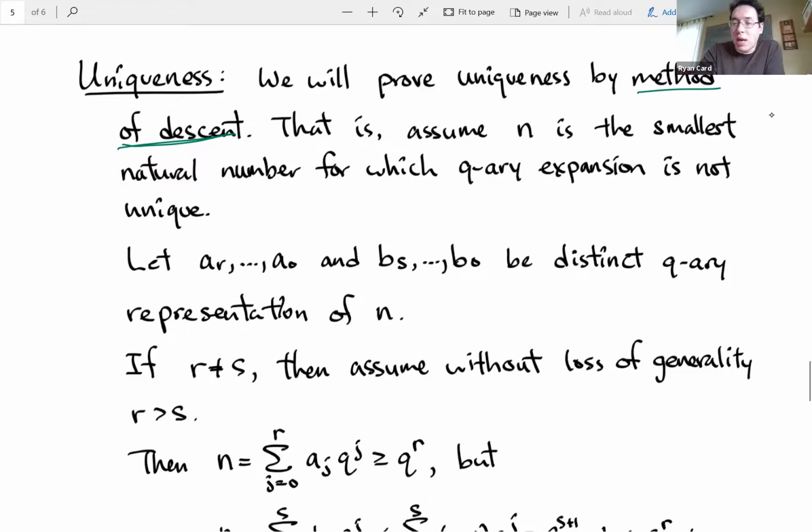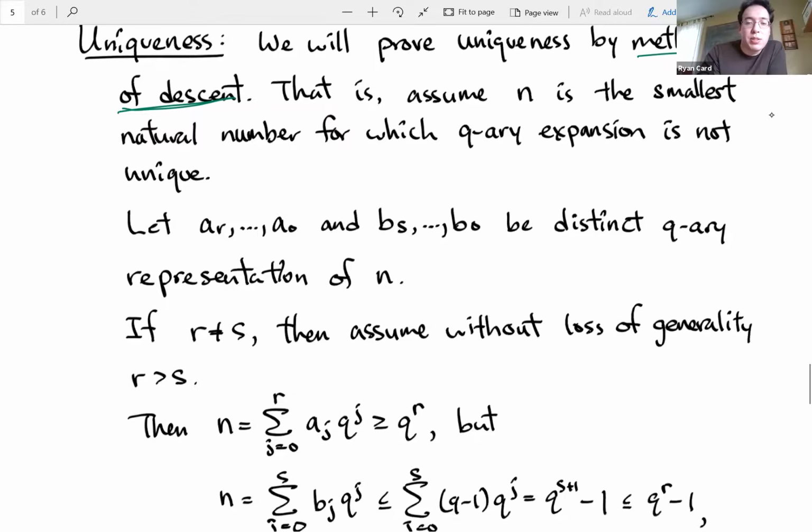Maybe a number n could be written in 2 different ways. So if there is an exception, a number that can be written more than one way, then we're going to pick the smallest number n that could be written in 2 different ways and see if we can come up with something that's impossible. We're going to come up with a contradiction.